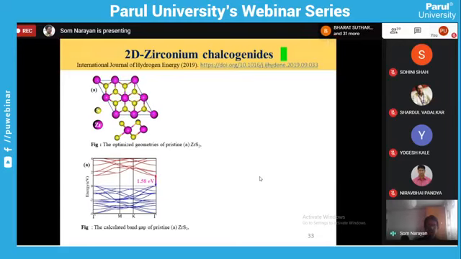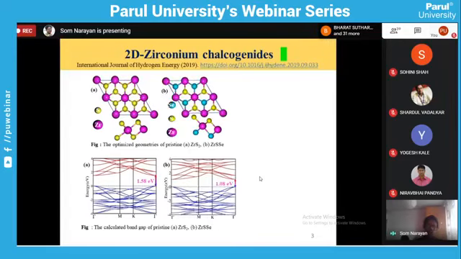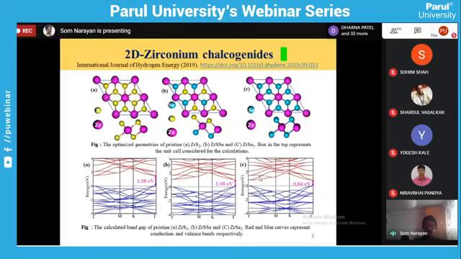Whereas in Janus, one of the layers is replaced, making a different system. Over here, one chalcogen layer is sulfur and another one is selenium. We can see it exhibits intermediate properties as compared to their parents.